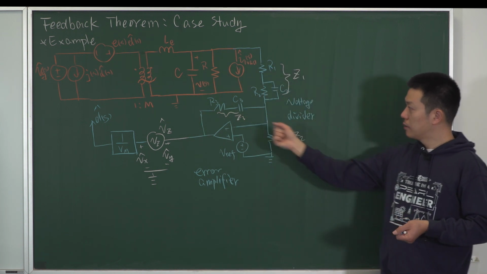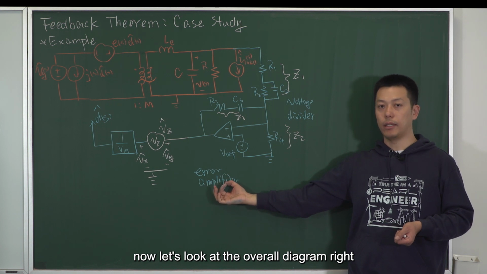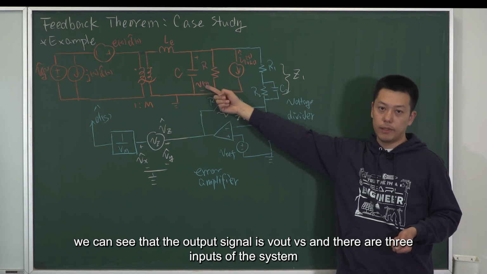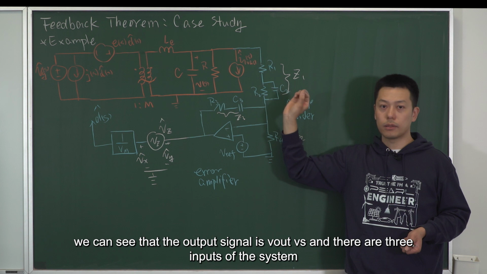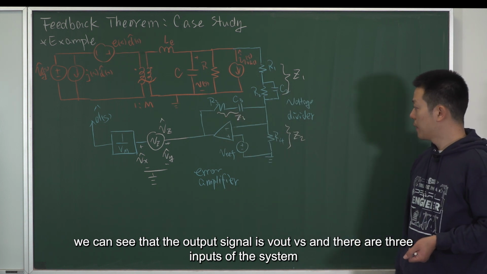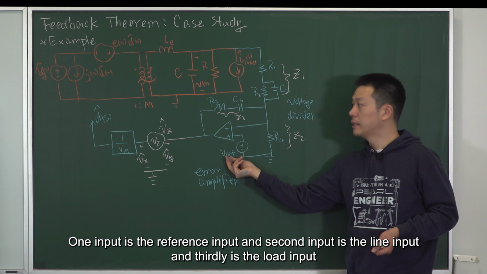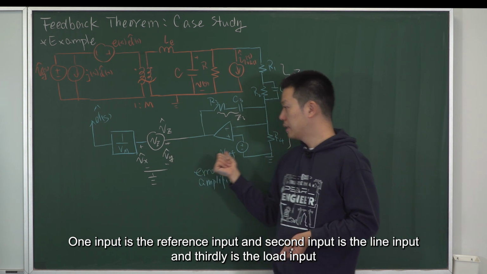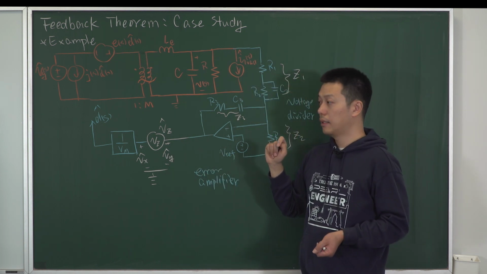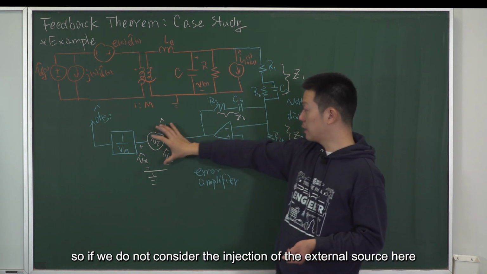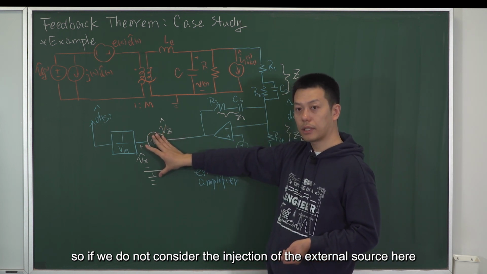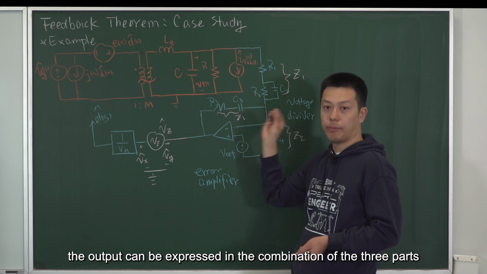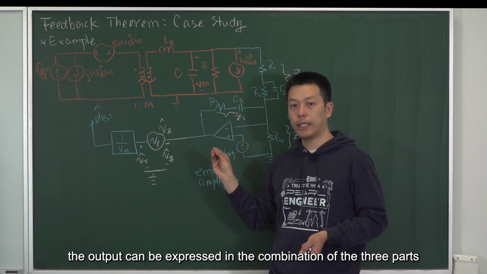Okay, so now let's look at the overall diagram. We can see that the output signal is Vout, Vs, and there are three inputs of the system. One input is the reference input, the second input is the line input, and thirdly, the load input. If we do not consider the injection of the external source here, there are three inputs. Based on the previous knowledge, the output can be expressed as a combination of three parts.